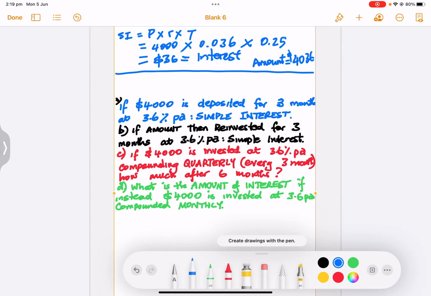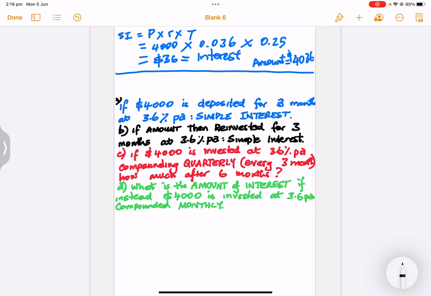Part B is black. If the amount is then reinvested for another 3 months at 3.6%. All right, well, this is the same, except we're going to take 4,036. So the simple interest will be P times R times T. Now we've got 4,036. The rate is still 3.6%. And it's another 3 months, which is 1/4 of a year, 0.25.